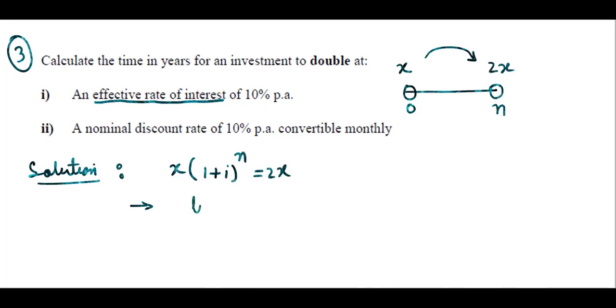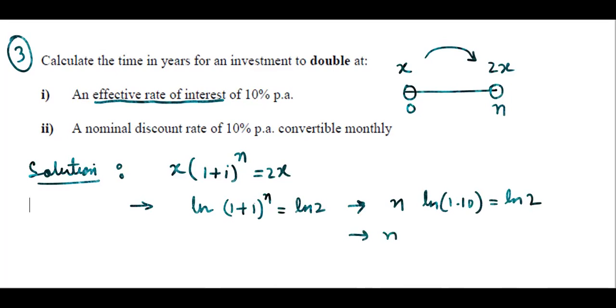You take log ln, I can write 1 plus I power n. This is ln 2. You can use a calculator. Then n ln 1 plus I, 1.10.